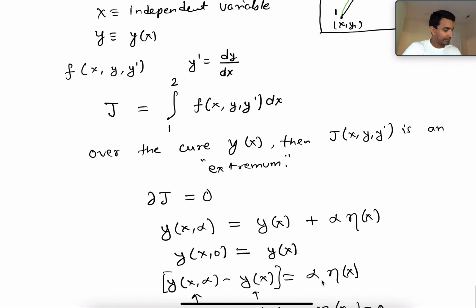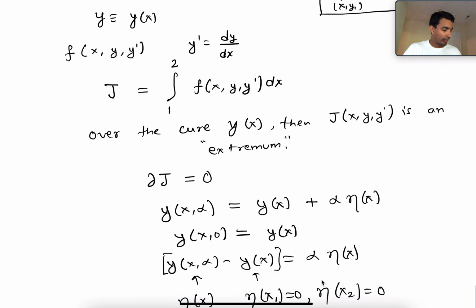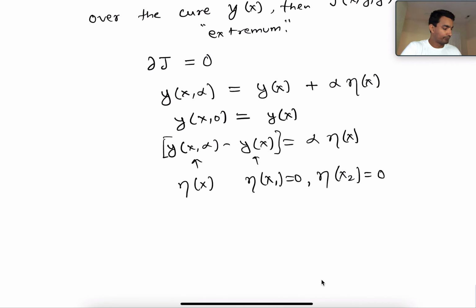At the point 1 or point 2, y of x, alpha and y of x are the same. They don't differ at the beginning point and at the end point. At every other point they can change, but the beginning and the end are fixed, and that's why eta of x1 and eta of x2 are equal to 0.